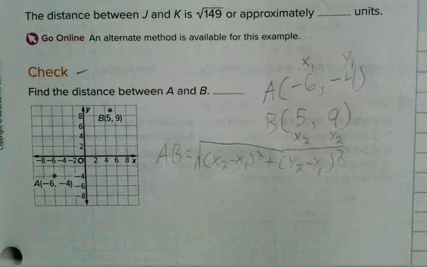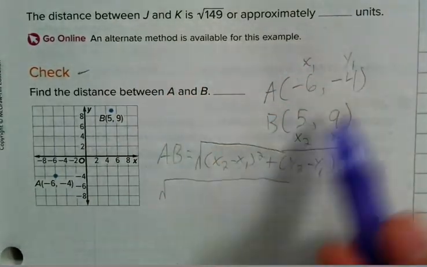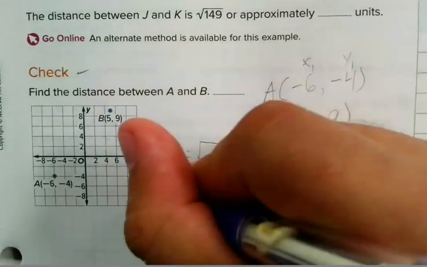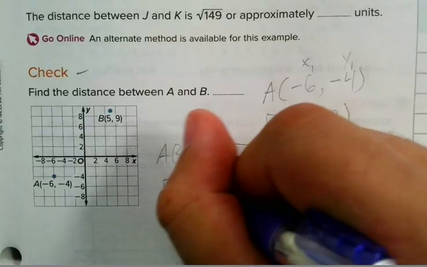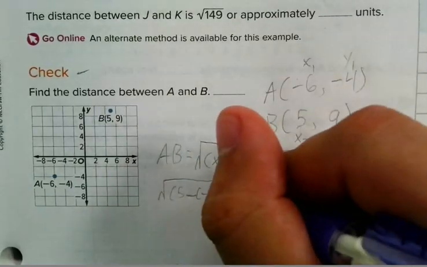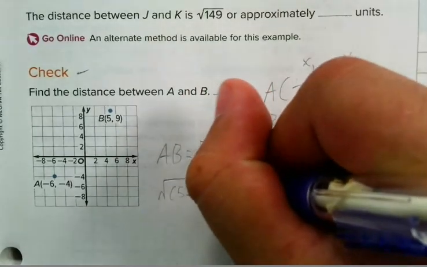And now we just plug it in, right? I have the square root of x2, and x2 is 5, that's what we said. So it's 5 minus x1, which is negative 6. I like to draw these parentheses around my negative numbers sometimes just to keep track that that number is supposed to be negative, rather than looking and saying 5 minus 6 on accident, right? Squared.